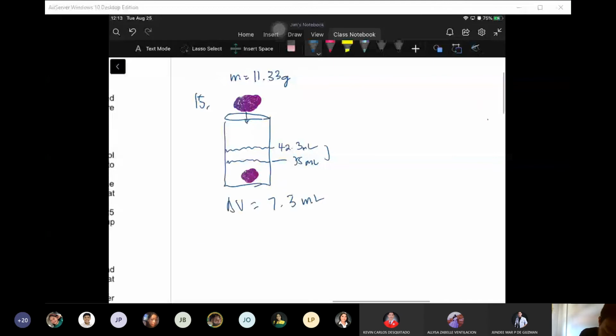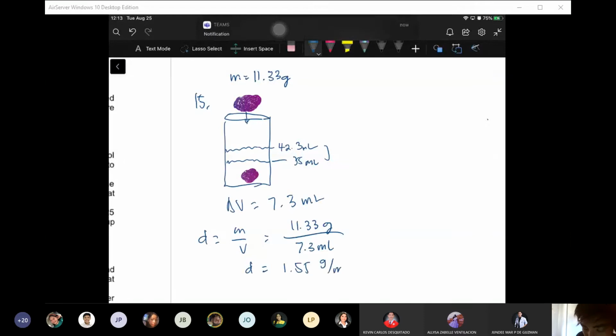So we can simply solve for the density: 11.33 grams divided by 7.3 ml, which equals, to 2 decimal places, 1.55 grams per ml.